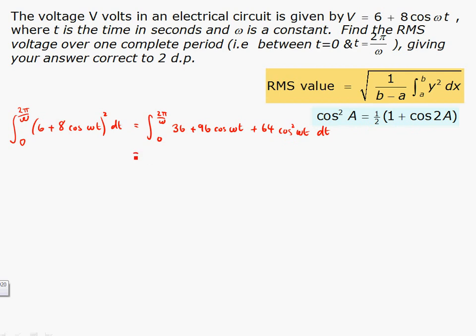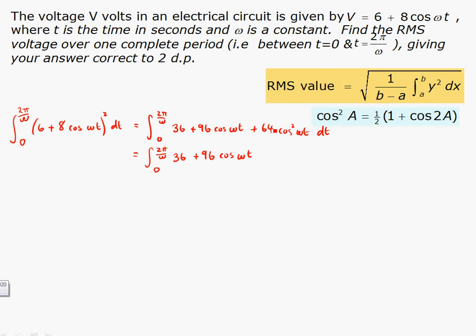So we need to substitute in, so we'll write that as the integral from 0 to 2 pi over omega of 36 plus 96 cos omega t. And if I replace cos squared omega t using this formula, I will get a half times 1 plus cos 2 omega t.